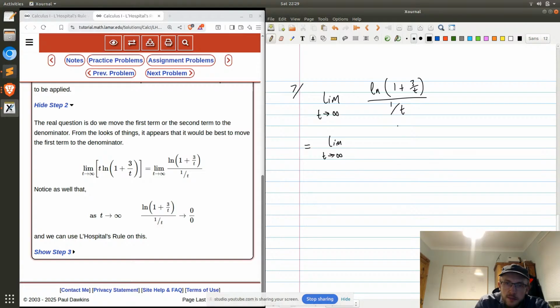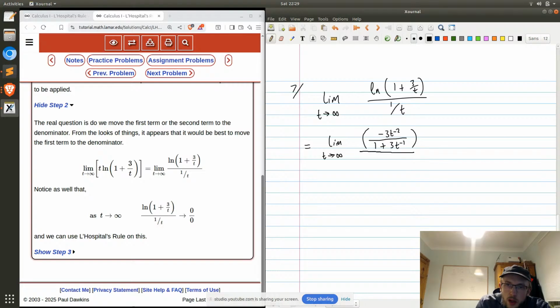The limit as t approaches infinity of, differentiate that, we get, that's 3t to the minus 1, so it becomes minus 3t to the minus 2, all over 1 add 3t to the minus 1.